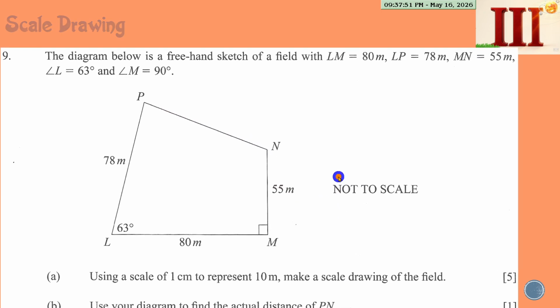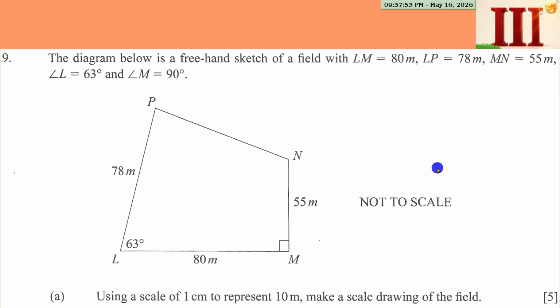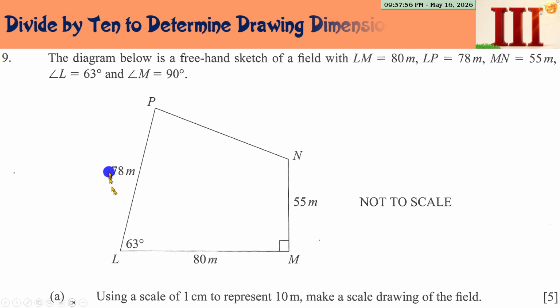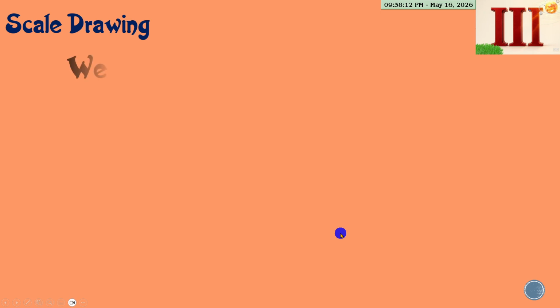So first of all, we need to divide all of these numbers by 10. If the scale is 1 to 10 and we're going from meters to centimeters, we need the numbers to be smaller. So we're dividing by 10. We're going to draw lines of 7.8 centimeters, 8 centimeters, and 5.5 centimeters.